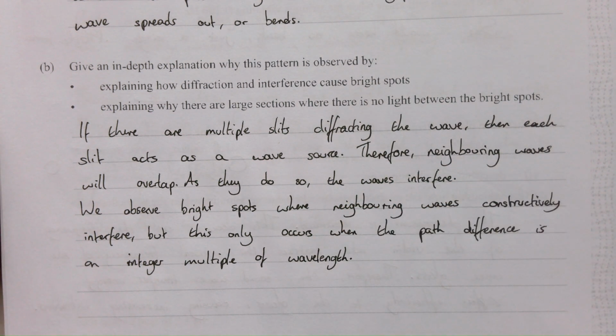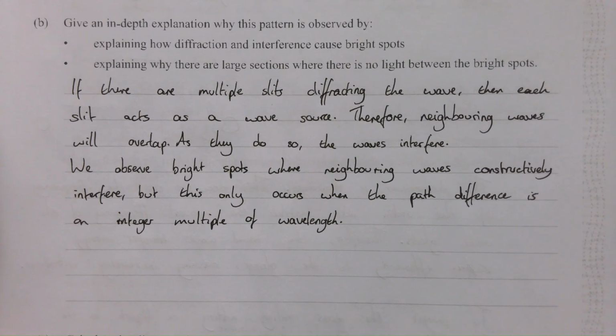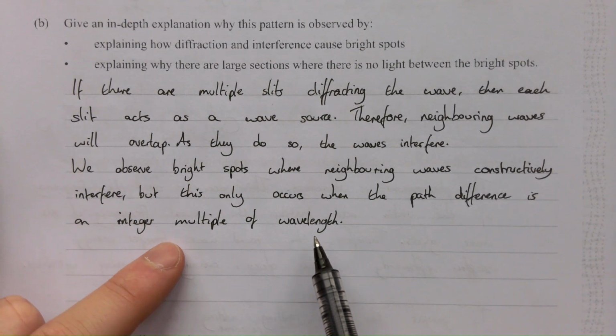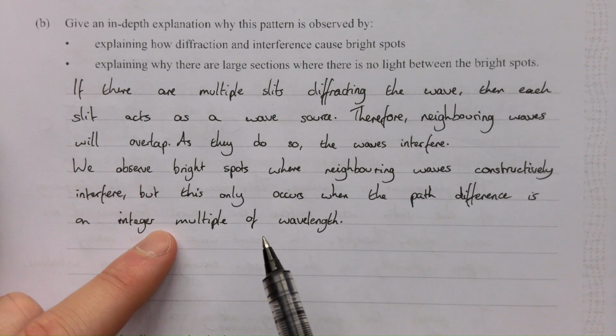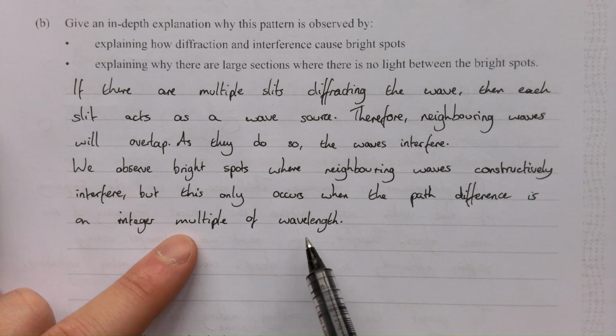Now this goes back to that big diagram we drew in class of the two adjacent slits and their corresponding waves being separated by that horizontal distance n lambda. I'm not going to draw and explain all that again. Refer back to your notes or your SciPad if your drawing's not very good. It's this idea that we only get maxima, bright spots, when the path difference is an integer multiple of wavelength.